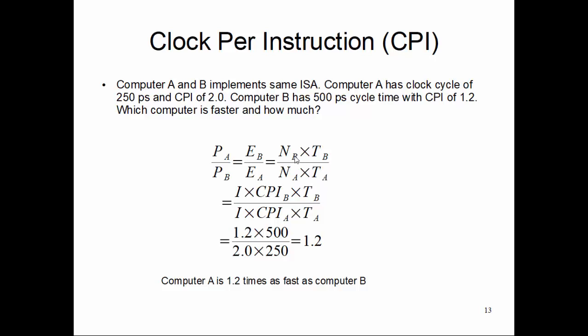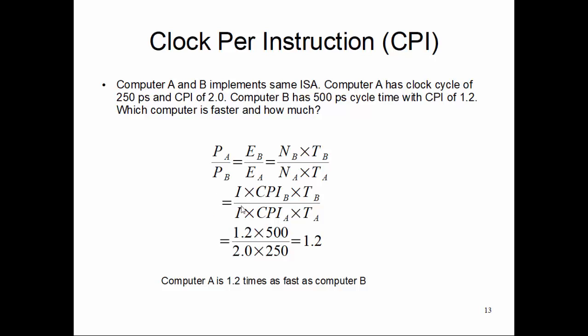Now the number of instructions in B is I multiplied by CPI B, and then multiplied with TB. And NA is I multiplied by CPI A. Both of them will execute the same number of instructions while executing this program, because it's the same program, same ISA, instruction set architecture, so that amount will not vary.